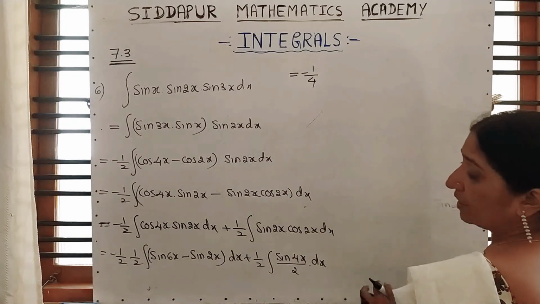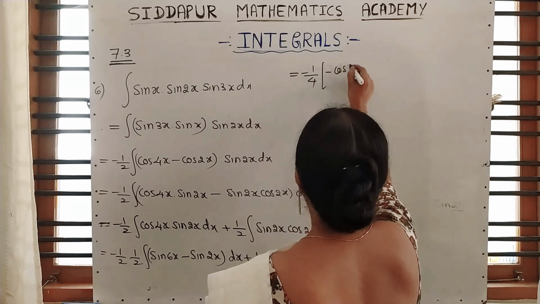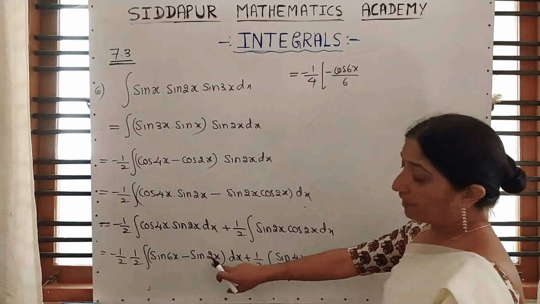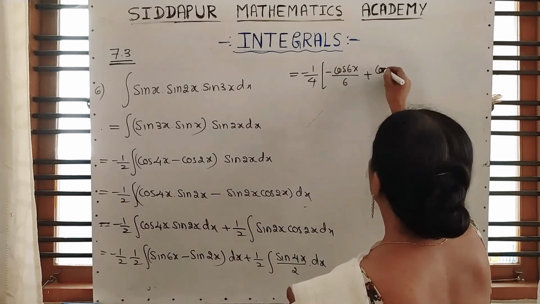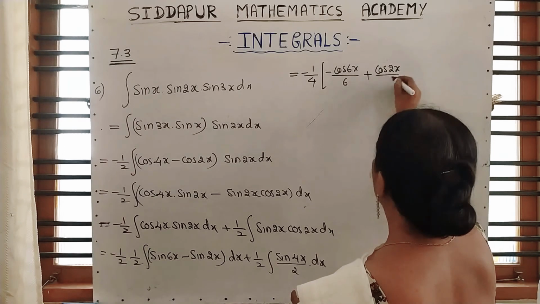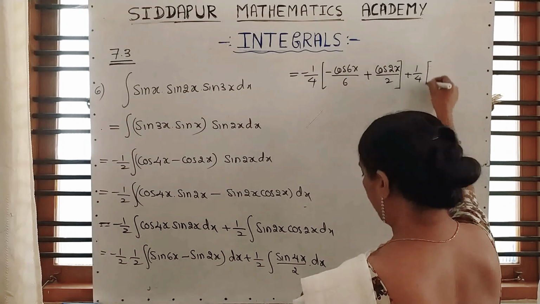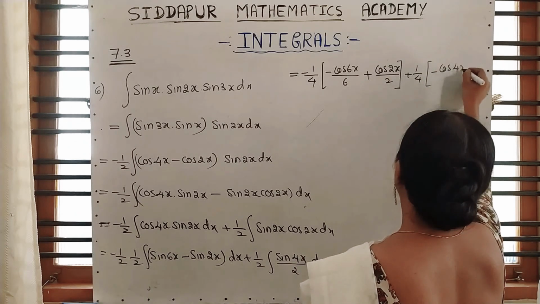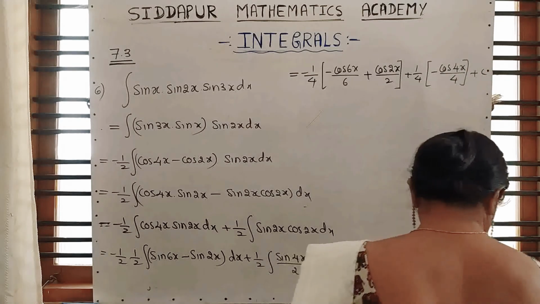And what is the integration of sin 6x? Minus cos 6x divided by 6. Here it is minus, the integration of sin is also minus, minus into minus becomes plus, cos 2x divided by 2, plus 1 by 4 in the bracket, the integration of sin 4x is minus cos 4x divided by 4, plus c.